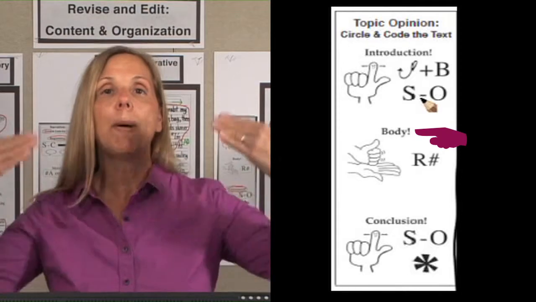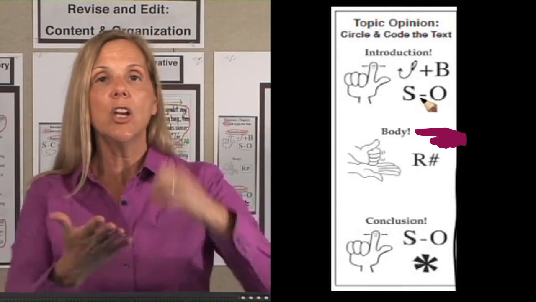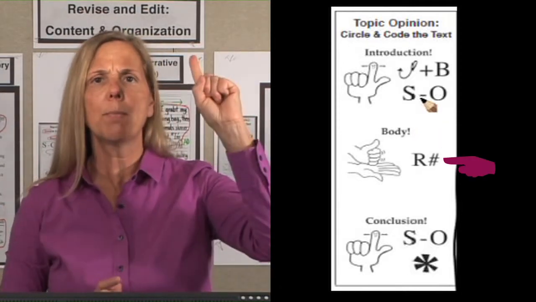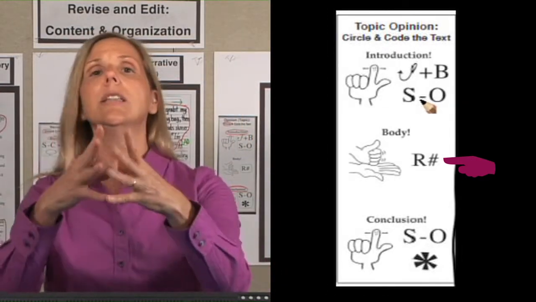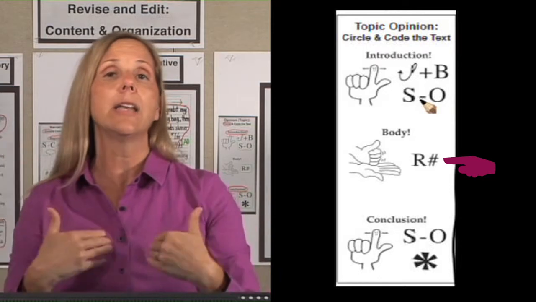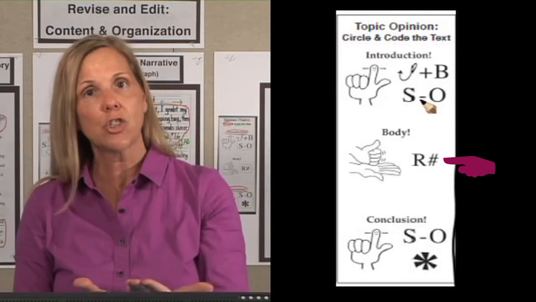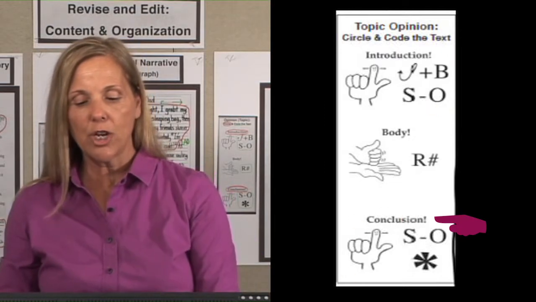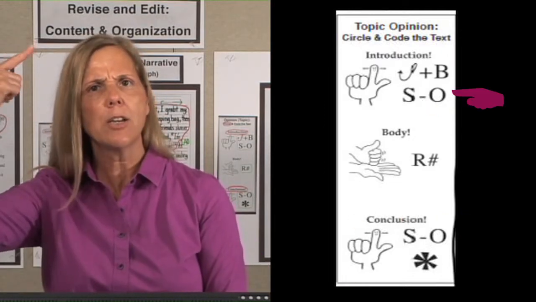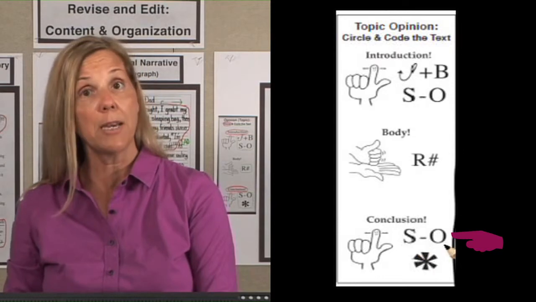When we go to the body, we need reasons to back up our opinion. And these reasons, if it's at a stage 6, need to be expanded and, if possible, have a reaction to a reason as well. And finally, in our conclusion, we're going to repeat our opinion but use different words, so subject opinion.